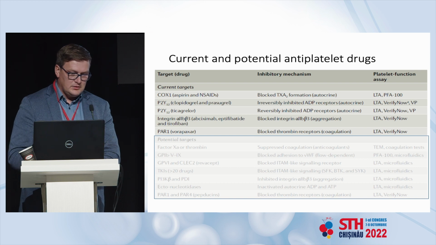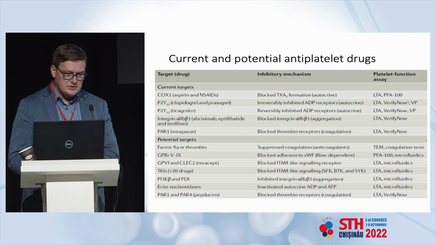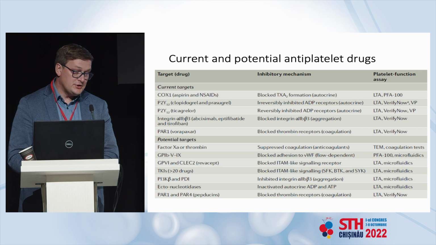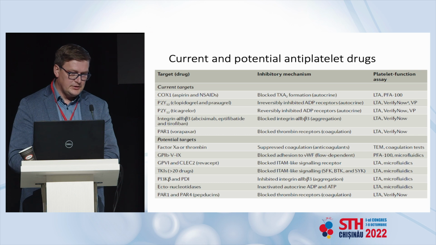So we have the cyclooxygenase 1 inhibitor aspirin or other non-steroidal anti-inflammatory drugs, P2Y12 inhibitors, integrin alpha IIb beta 3 inhibitors, and PAR1 inhibitors. But there are future potential targets which could be used together with the current antiaggregants.